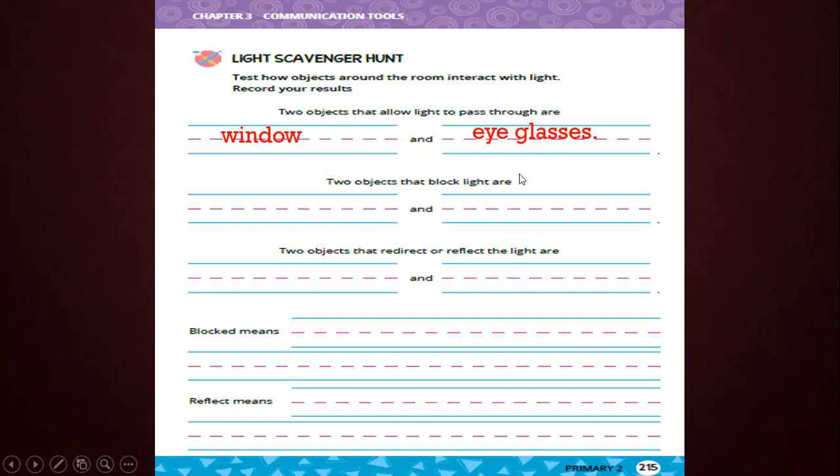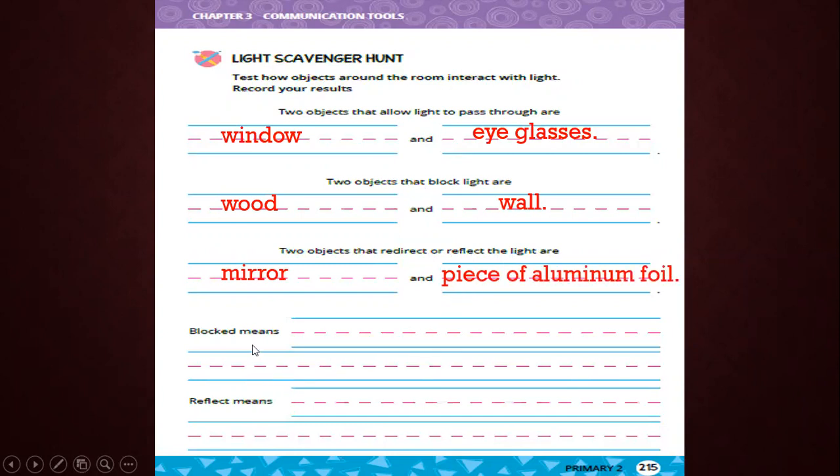Okay, could you think about two objects that block light? Excellent. Wood and wall. What are the two objects that redirect or reflect the light? Wow, mirror and pieces of aluminum foil.